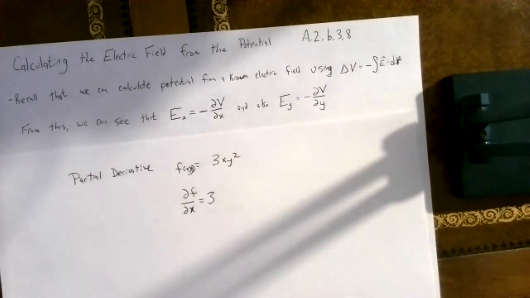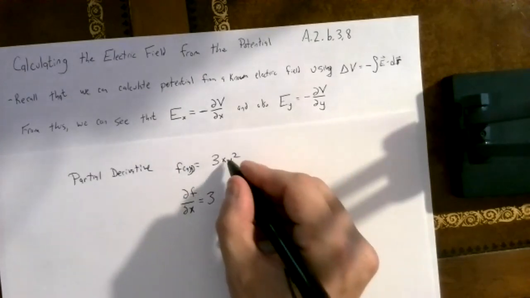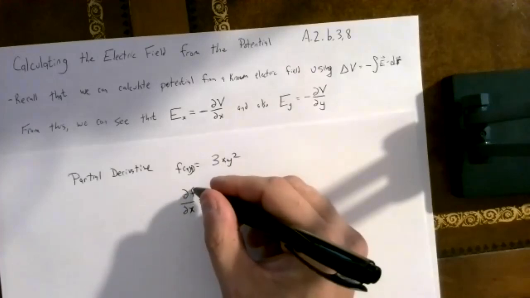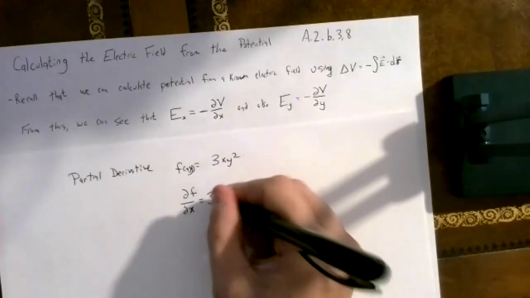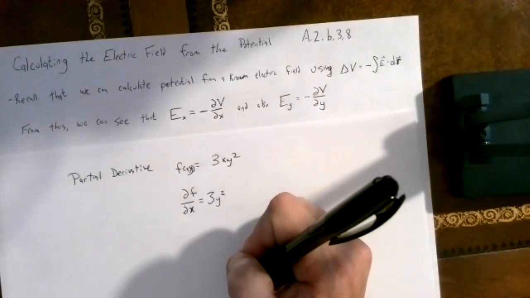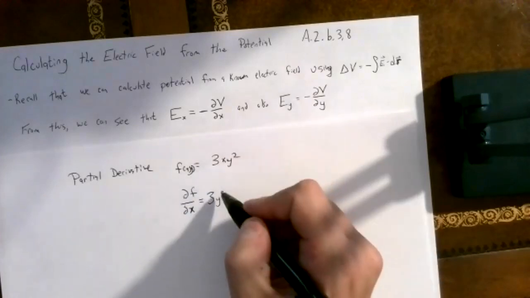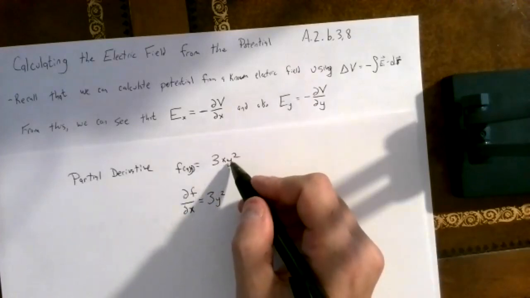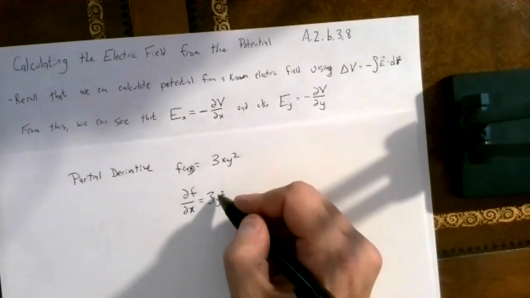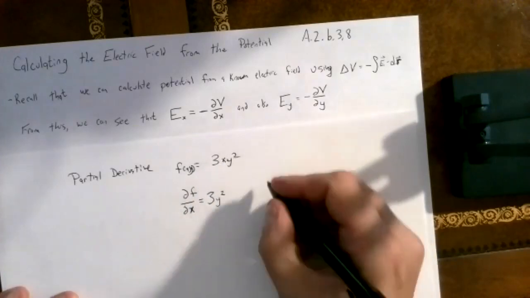That would be how we would go for the total derivative. But with the partial, we can assume that y is going to be constant. So the partial with respect to x is just 3y squared. If y is a constant, y squared is a constant, and the partial with respect to x would just be 3y squared.